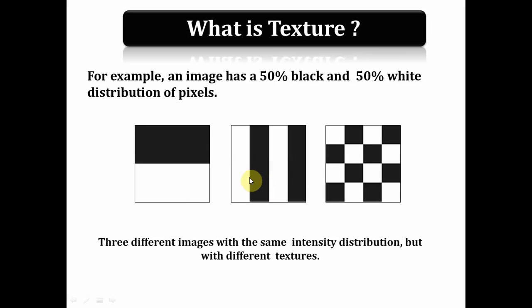Similarly, if you look at the second image type, you have the alternative pattern of white black white black. So the pixels are situated alternatively, right after black and white. So this is the alternative arrangement in image space.